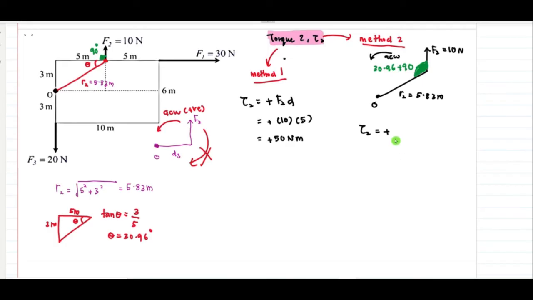So positive R2 F2 sine 30.96 plus 90 degree should be equal to 120.96 degree. You substitute all the values: 5.83, F2 is 10, sine 120.96. So bila you tekan calculator, you akan dapat positive 50 Newton meter. So dia akan sama dengan method yang pertama.